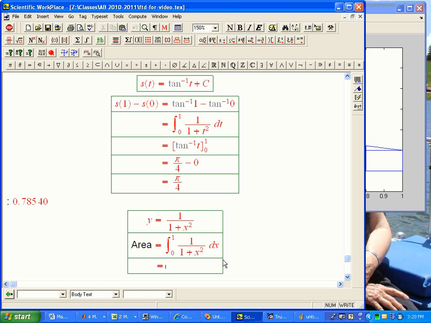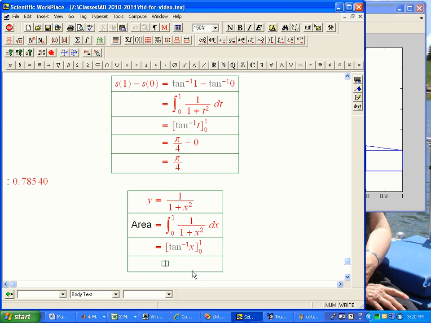And all we have to do is to say, okay, we've got a strategy for that. We interpret this as an instruction not to calculate area by rectangles, but to take the antiderivative of that thing, which was inverse tangent of x, evaluate it at 0 and 1 and take the difference, and that's what gave us pi over 4.